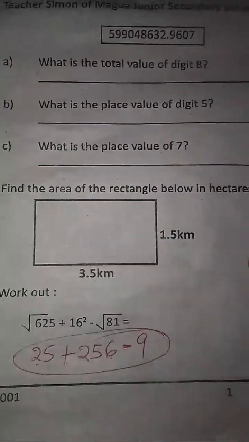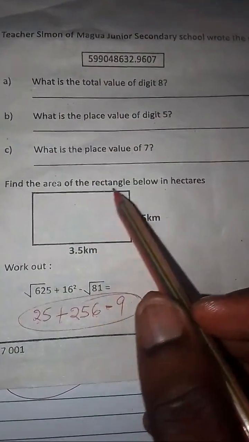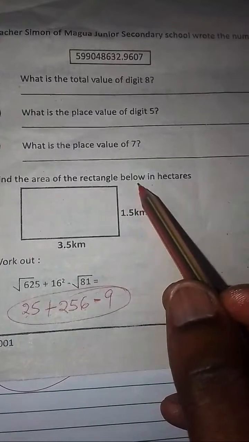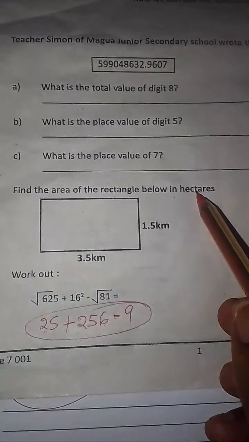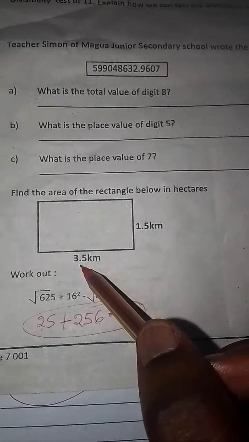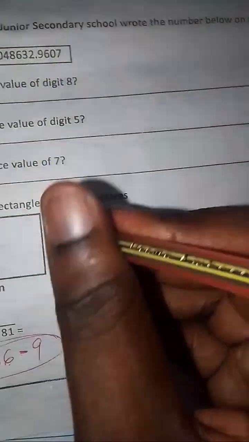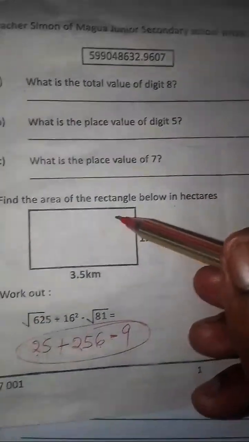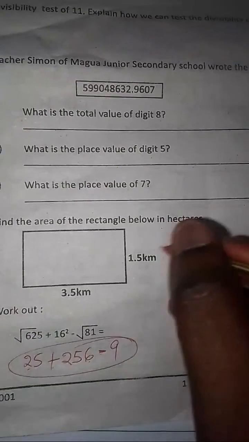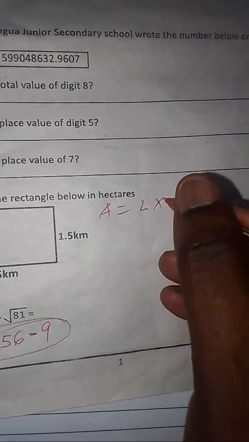Okay, there's a figure here. Find the area of the rectangle below in acres. So here we shall multiply 3.5 by 1.5 because you are trying to find the area. This figure is a rectangle, so area is equal to the length times the width.